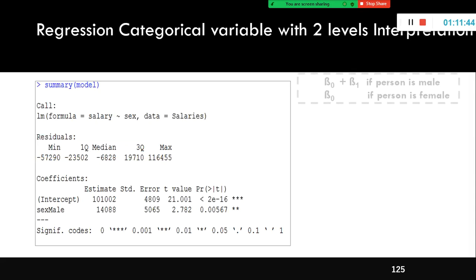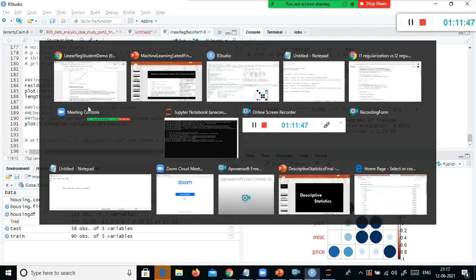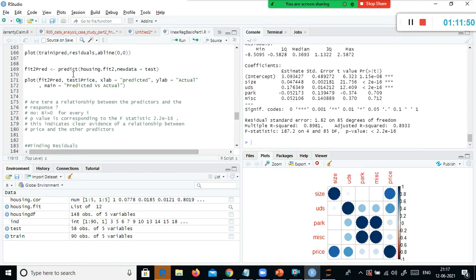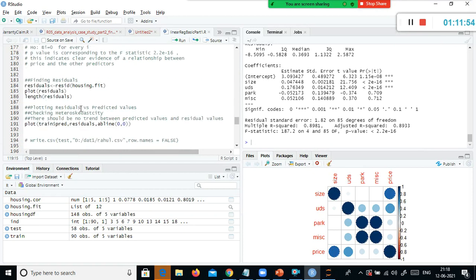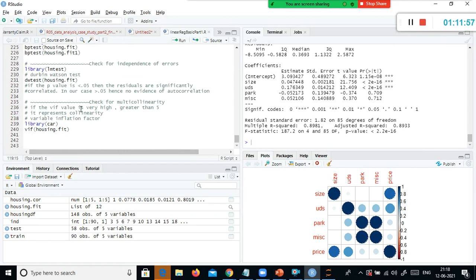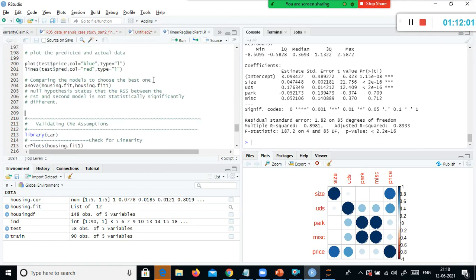We have a plot here. In R, I showed you, R is very helpful by plotting all these things. I showed you at the end that we use something called plot. I don't know how many of you remember.